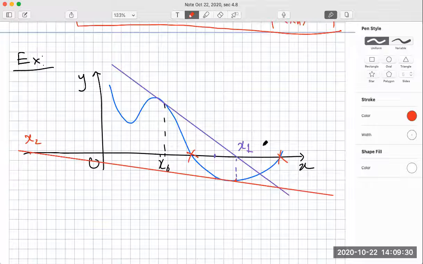So in this example, let us do one specific example and see what it is, right?